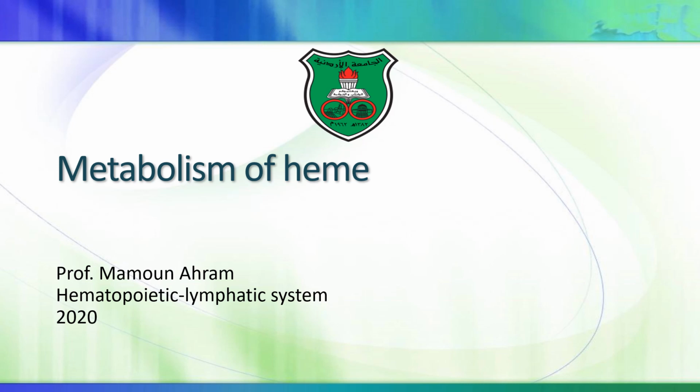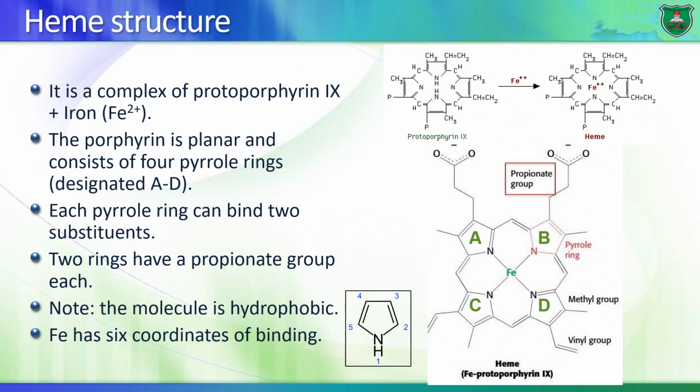Hematopoietic-lymphatic system biochemistry. In this lecture we're going to talk about biosynthesis and catabolism of heme. Heme is basically a protoporphyrin 9 molecule with an iron atom bound in the center of the molecule.